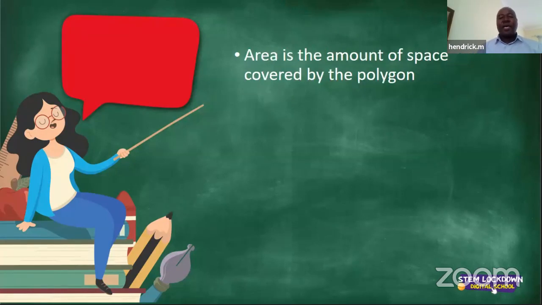And of course, the area can be defined as well. You can define the area as the space which is covered by the polygon. By the polygon, we mean any shape, be it a triangle, a square, a rectangle, or a shape which has 5 sides, 6, or any other number of sides. We call that a polygon.